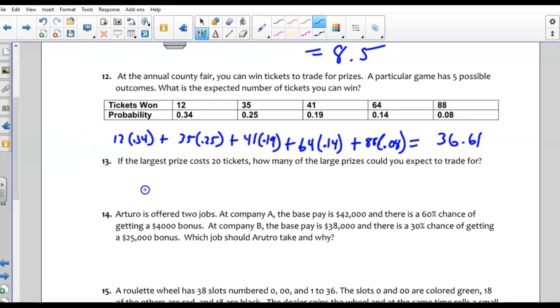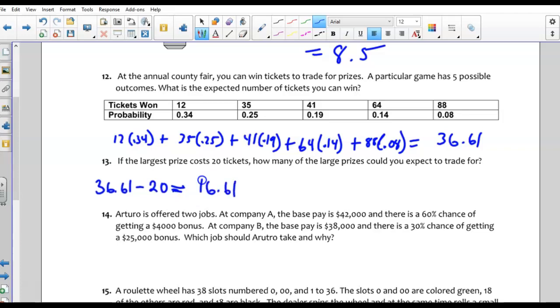If the largest prize costs 20 tickets, how many of the large prize could you expect to trade for? We got 20 tickets, and that's very simple right here. If it's 20 tickets for the large prize, and I subtract that from my expected value, then I'm expected to leave that day with one large prize.